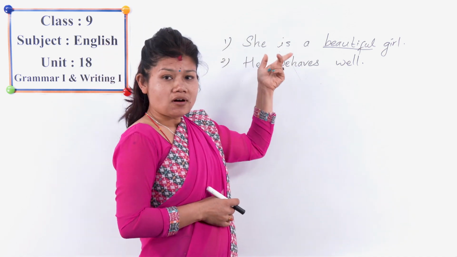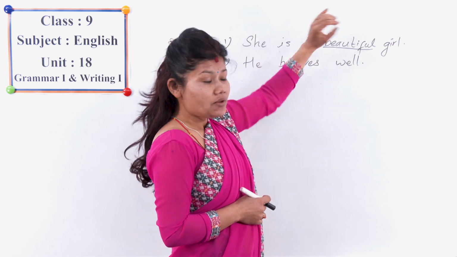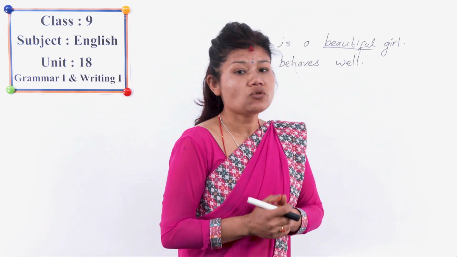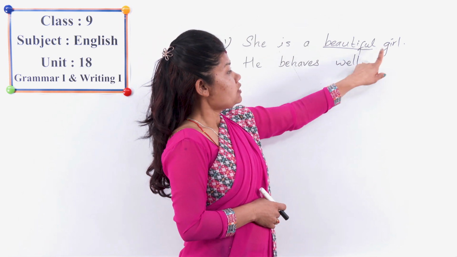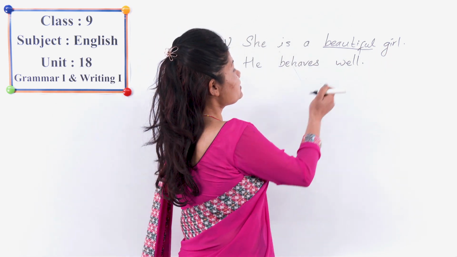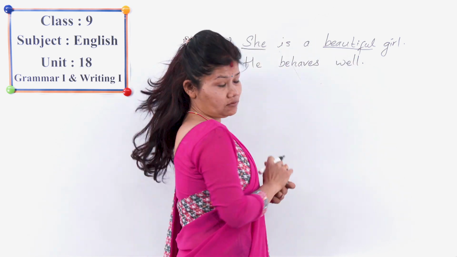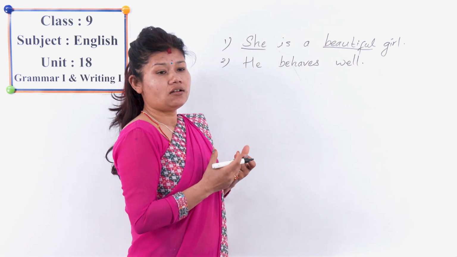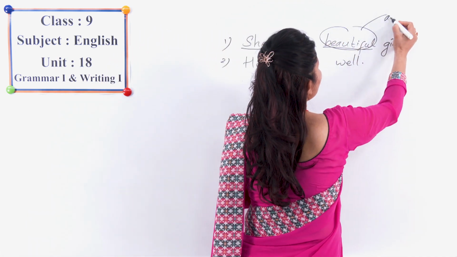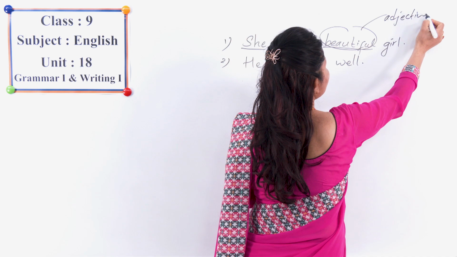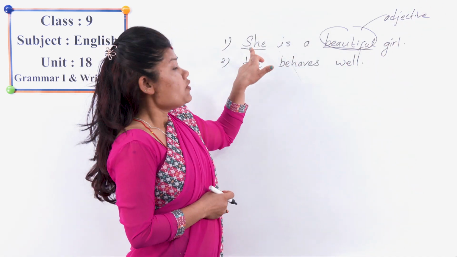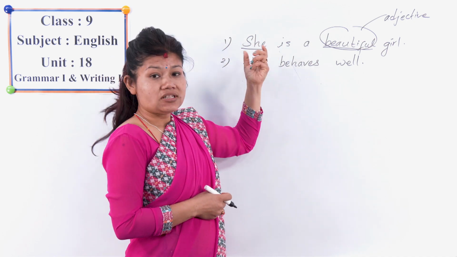So here is subject, verb, but our focus is on this word beautiful. What is its role here? Beautiful girl. How is this girl? She is beautiful. So it describes this pronoun, this girl. So it is called an adjective, because this word beautiful modifies the pronoun or noun, the subject.